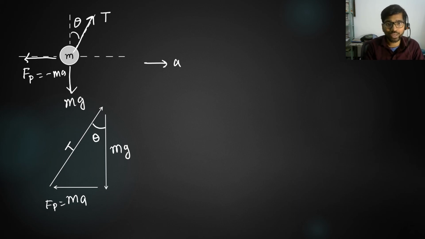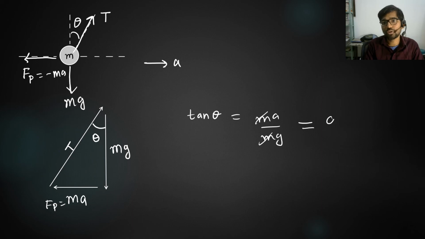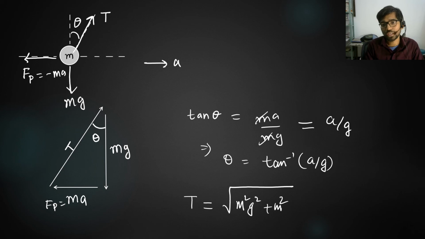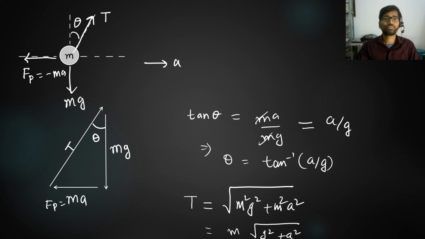And from the triangle, we can simply say that tan theta equals ma by mg. m will cancel out, and we will have a by g, and we can have theta equals tan inverse a by g. And from the Pythagoras theorem, we can say that tension squared will be equal to m square g square plus m square a square, and we can have tension equals m times under root of g square plus a square.